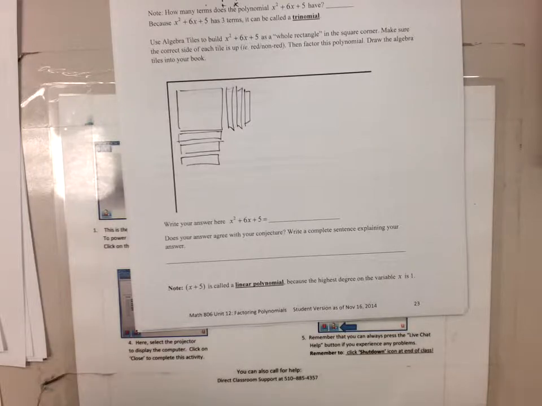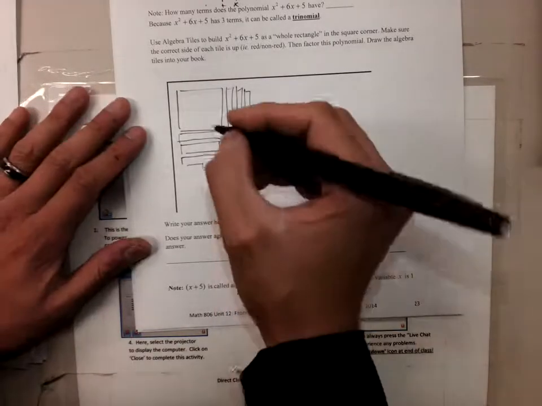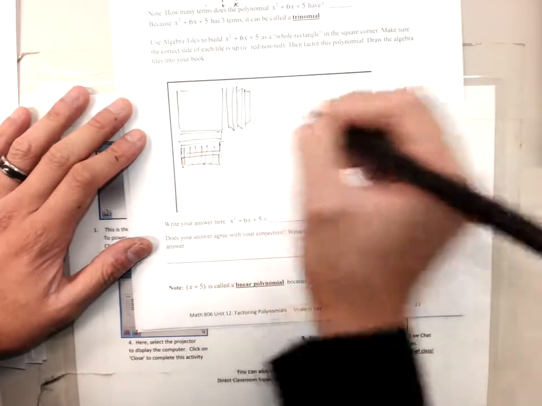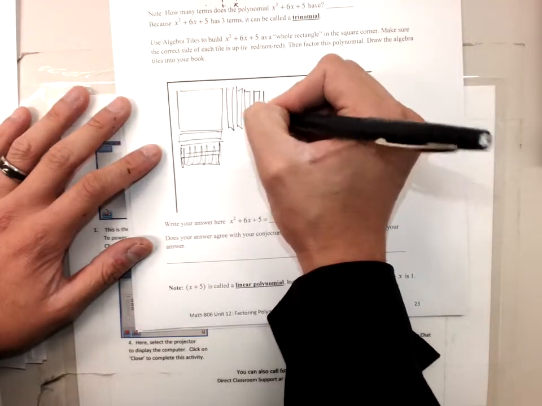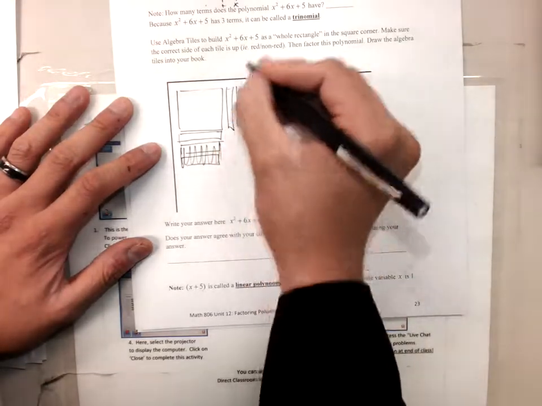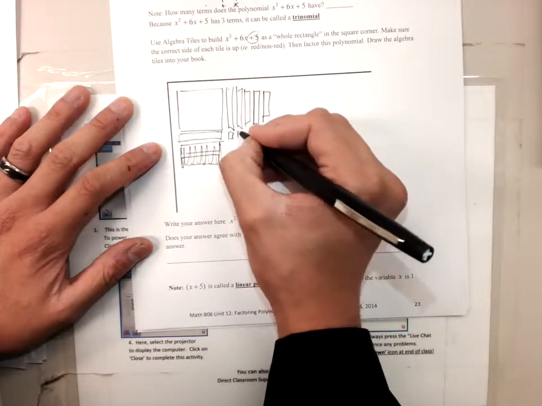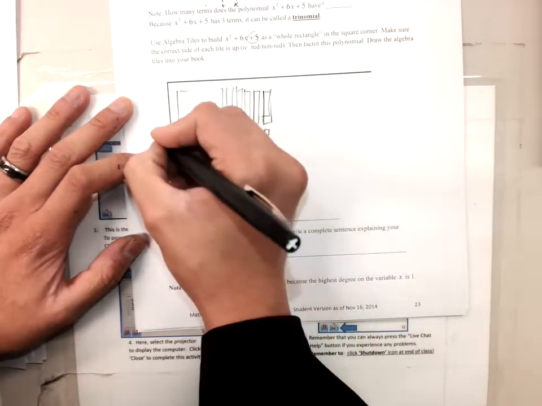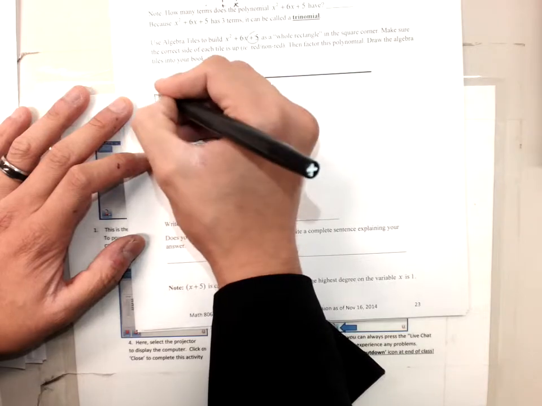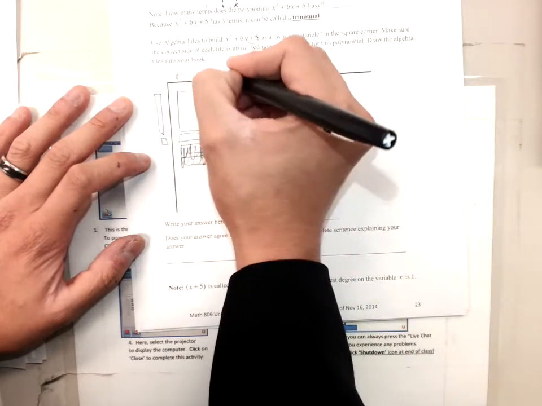What's the problem that we have here? Oh, I know. Here, I built this wrong. This should be, there we go. That'll work. See, because I have these 5 little ones are going to go here. All right? Ignore that. And then this is 1, and that's x, and this is x.